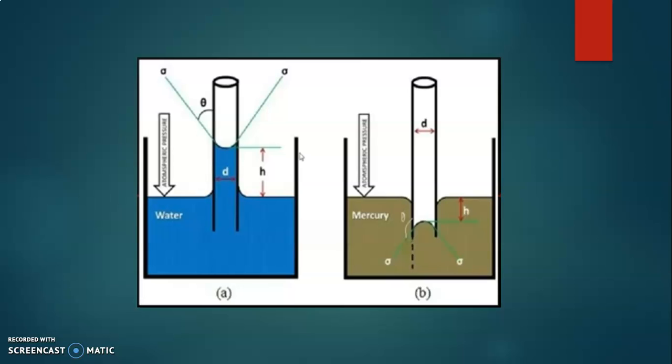h, and here there is a container in which there is mercury. This is the general level of mercury and atmospheric pressure acting on the surface of the mercury. As the container is also open to atmosphere, there is a glass tube of diameter d which is inserted into mercury, due to which there is a fall of level of mercury from the general level up to a height of h.